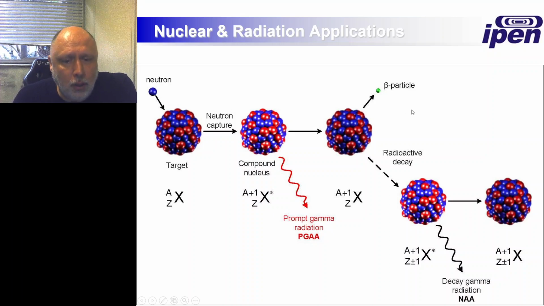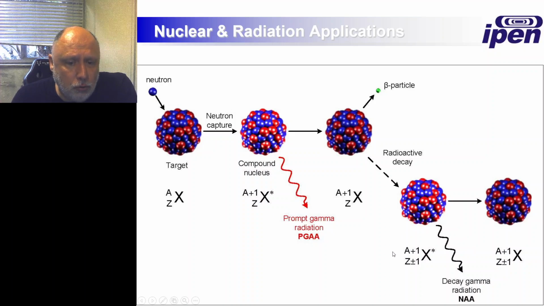So you did something and there's some change that has to be released as gamma radiation, and you measure this one, which is the decay gamma radiation, also called delayed gamma. So this is neutron activation analysis, right?